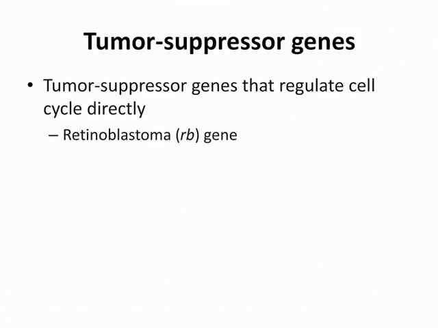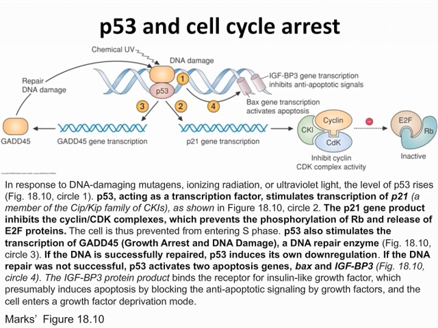So another tumor suppressor gene is called P53, and that's also known as the guardian of the genome. If it encounters DNA that is damaged, your P53 levels are going to rise. And P53 can do a couple of things. So it can stimulate the transcription of the P21 gene product.